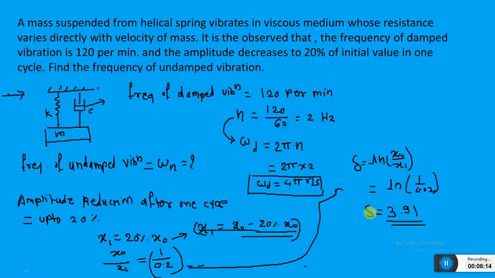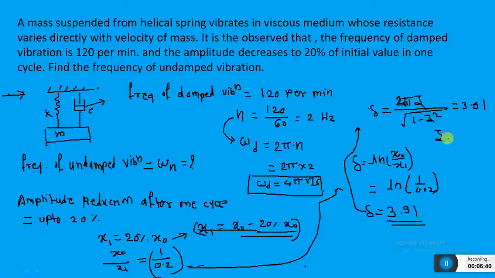So this is the logarithmic decrement delta. Now from logarithmic decrement we have to find out the zeta value. So delta is equal to 2 pi zeta divided by square root 1 minus zeta square, which is equal to 3.91.